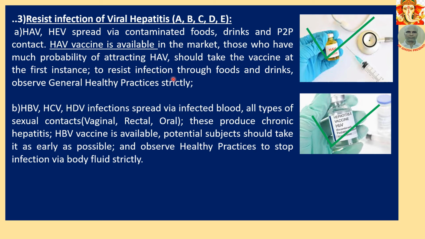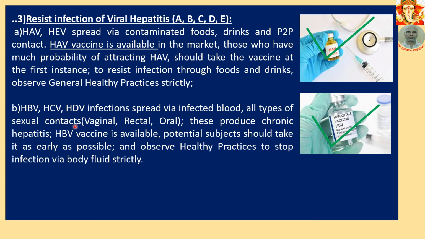To resist infection through food and drinks, observe general health practices strictly. General health practice means washing hands and taking care of various things. HCV and HDV infection spread via infected blood and all types of sexual contact: vaginal, rectal, oral. This produces chronic hepatitis. This was through person-to-person food, drinks.